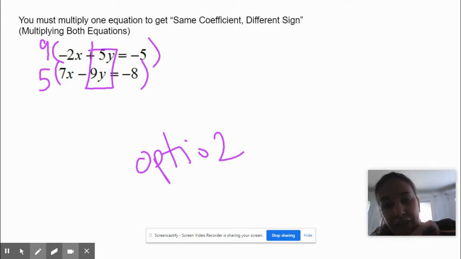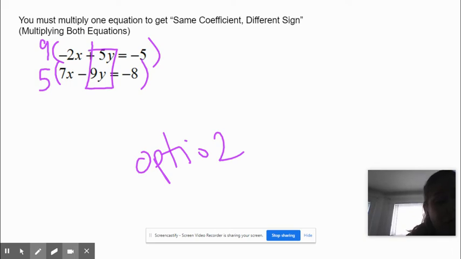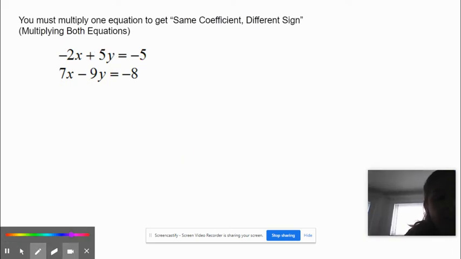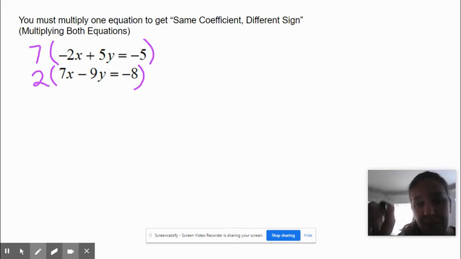It doesn't always have to be multiplying by those same numbers, but for this one, I'm going to go with option 1 because it's going to keep my numbers nice and small and cute, but you can do whatever you like. So I'm going to multiply the top by 7, the bottom by 2. And again, the signs are already opposite, so I don't even have to worry about any of that.